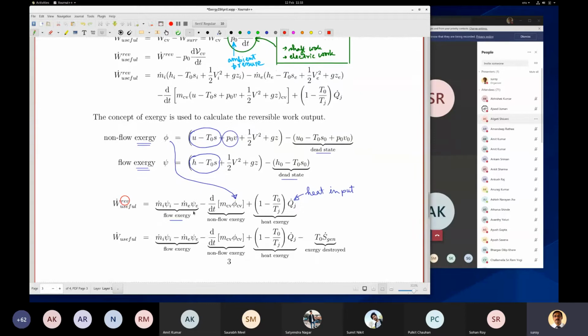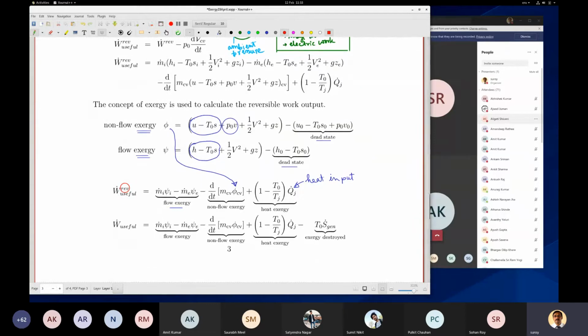But if you want to do a real system, with irreversibility, then for the useful work, you have to add the entropy generation.